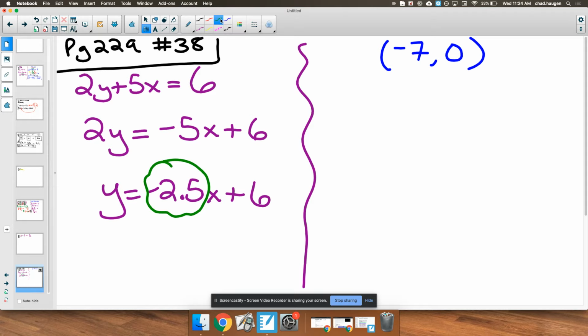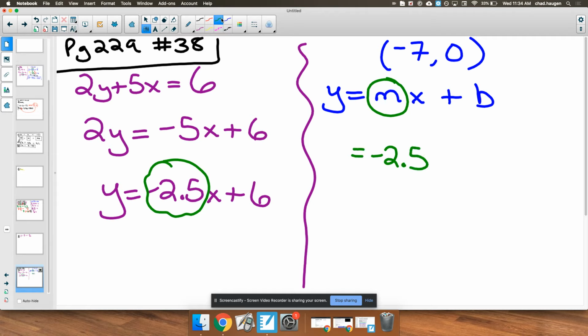So what that means is my new equation has to be of the form y equals mx plus b. But this new thing has to have the same slope as the old one in order to be parallel. So I'm just going to put that right in there, negative 2.5. And then the rest is just negative 7, that's our x value, and 0, that's our y value.